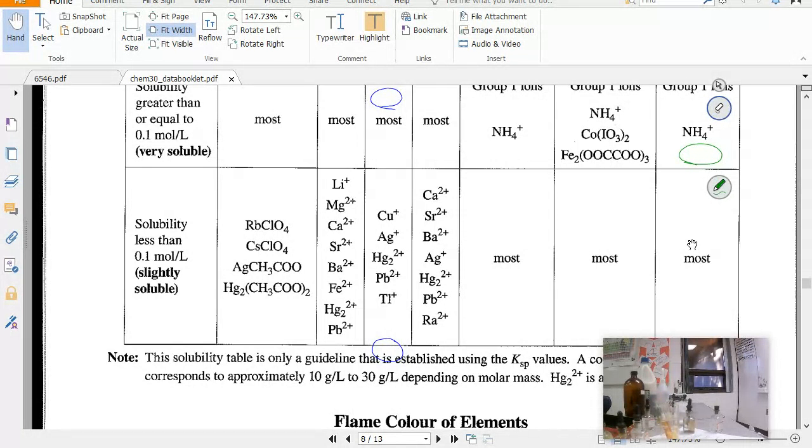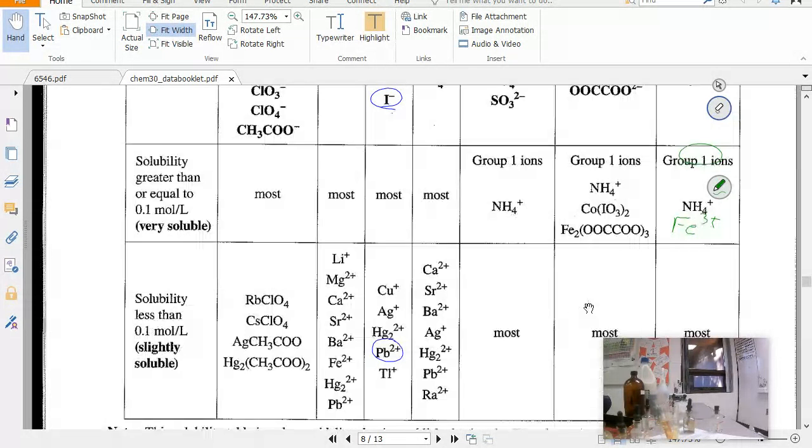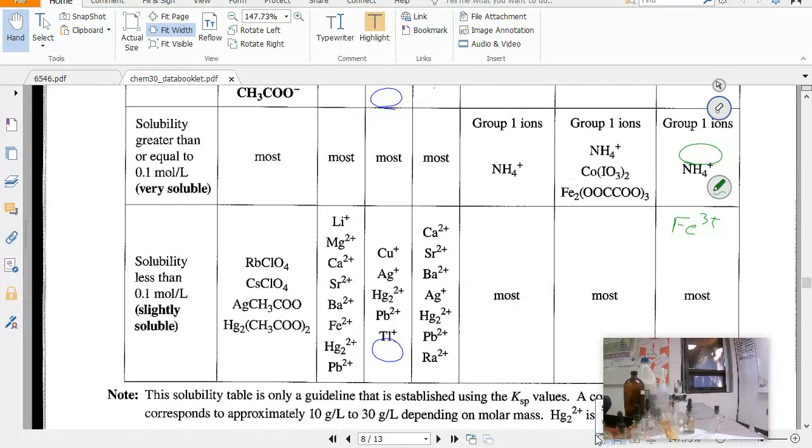So most importantly, what is in here is the Fe3+. Yes, we have the FeSCN2+. It could also possibly be there, but this chart is generally only your common ionic compounds, and FeSCN2+ is not a common ionic compound.